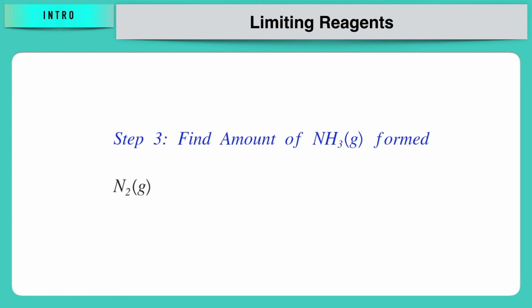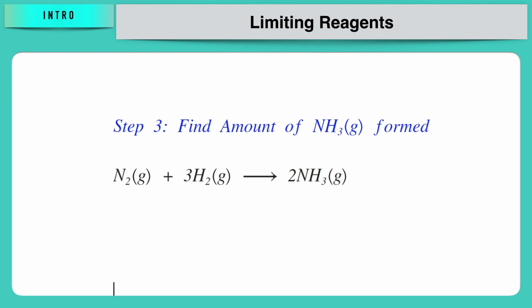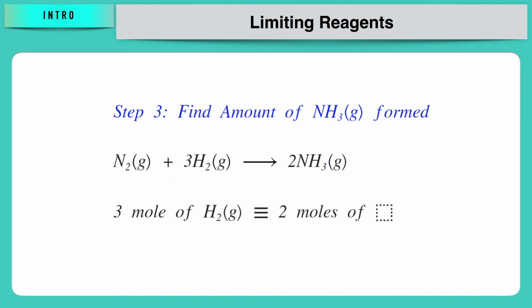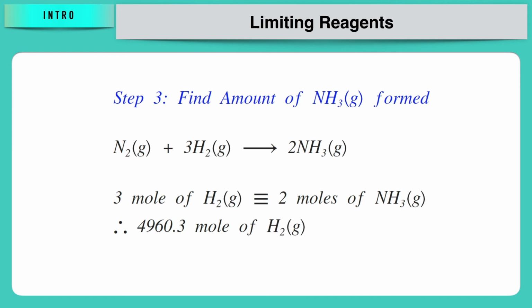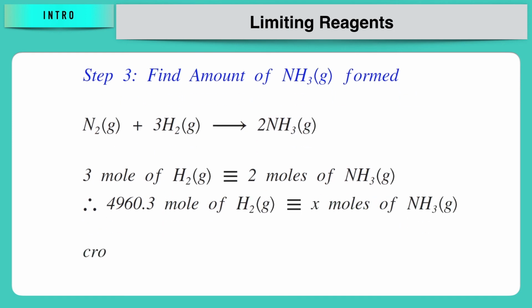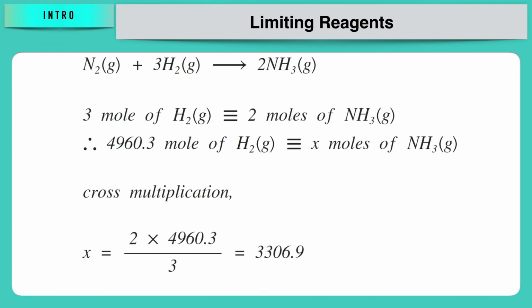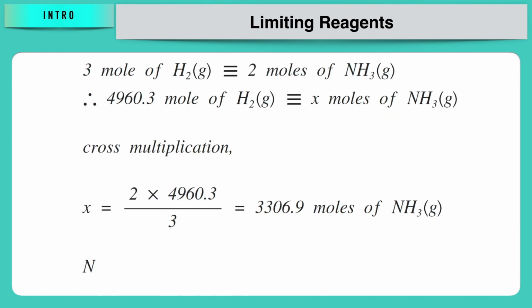So you are going to consider again the balanced chemical equation, and as per it, 3 moles of H2 form 2 moles of ammonia. Is it right? That means 4960.3 moles of H2 will form how many moles of ammonia? 2 upon 3 into 4960.3 moles. So I am getting here 3306.9 moles. Is it right?